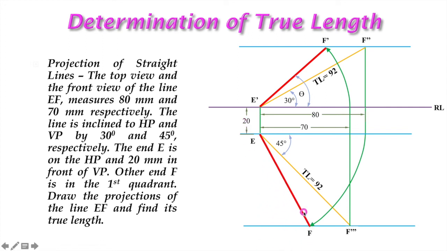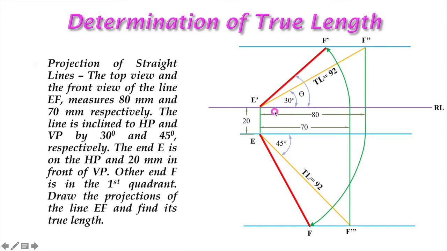This EF is the top view of the projection, which is 80 mm in length. So this is the projection of a line which is inclined with both the planes, and in this way we get the true length.